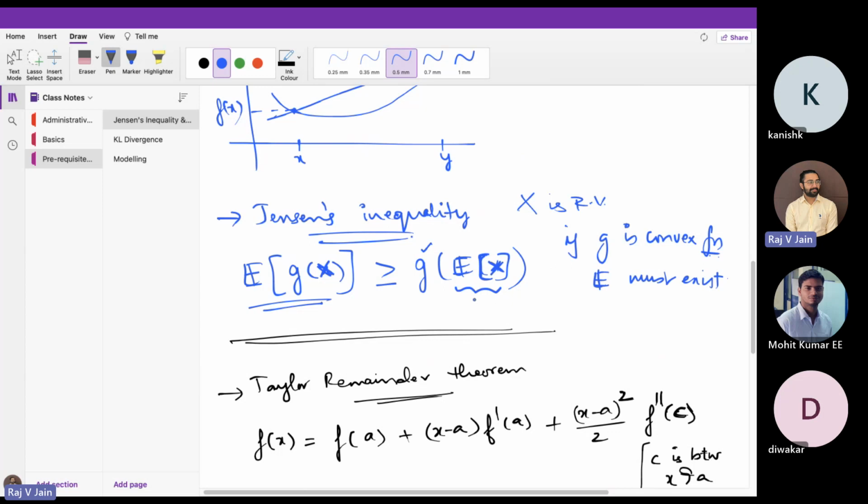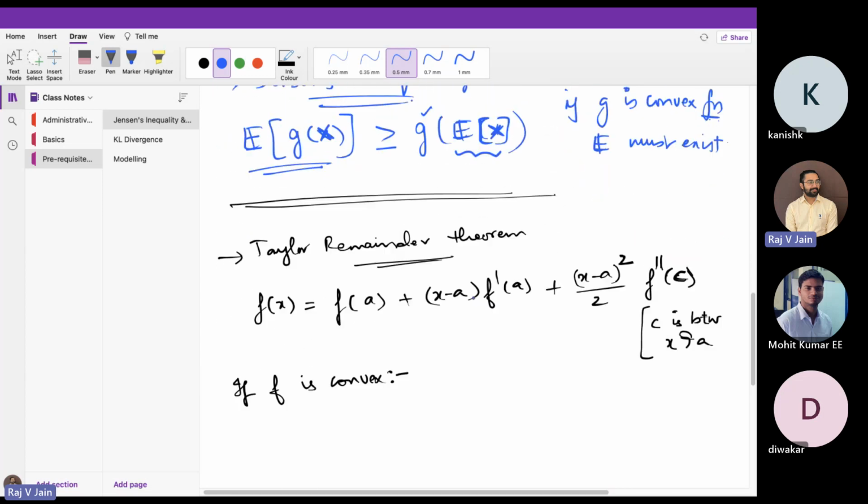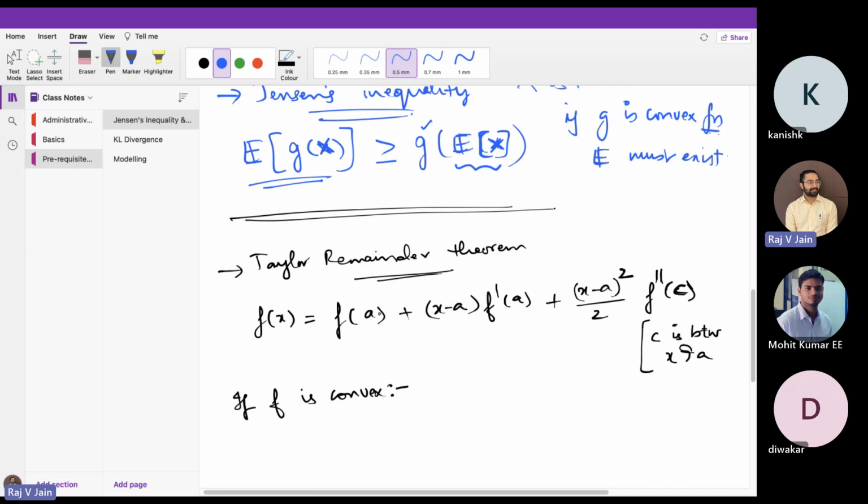So we'll come back to the Taylor remainder theorem, and what it states is something like this. Let's say f is double differentiable, that is, I can differentiate twice. Taylor's remainder theorem tells you that f of x is equal to f of a plus x minus a times f dash of a plus x minus a squared by 2 times f double dash of c, where c is some point between x and a.